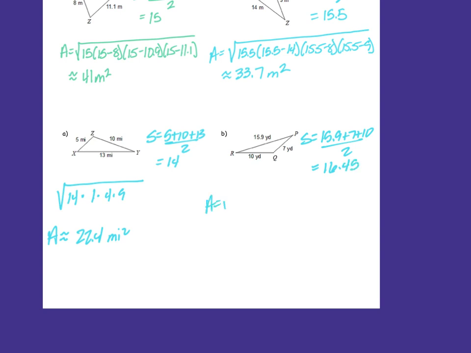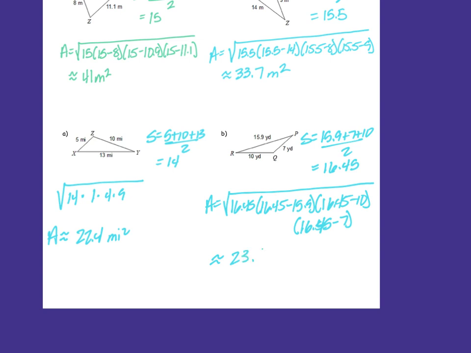So my area is going to equal the square root of 16.45 times 16.45 minus 15.9 times 16.45 minus 10 times 16.45 minus 7, and that's approximately equal to 23.5 yards squared.